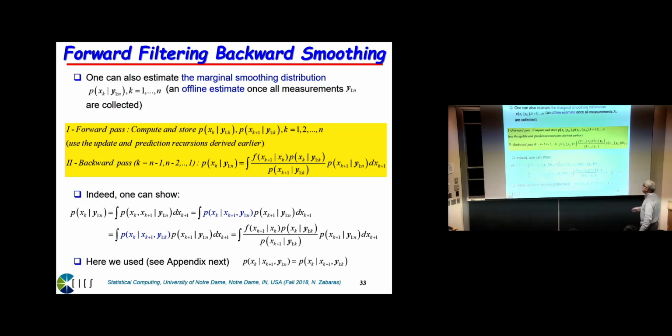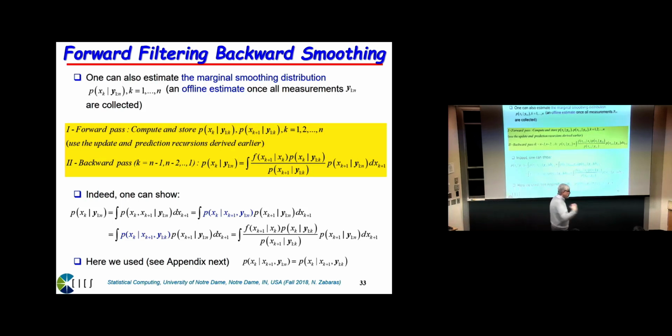Now, let me define a new distribution that is very important, and it's called smoothing, because it's going to be more smooth when you compute it, where you compute the marginal of x_k given all the data before k and after k. This is the marginal of x_k given all the data up to time n. Obviously you cannot do this online.